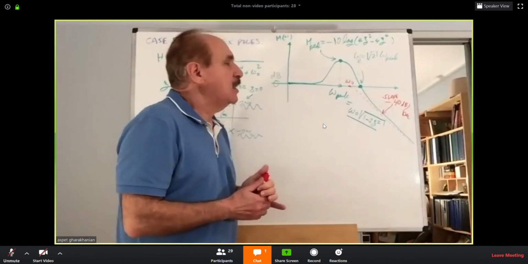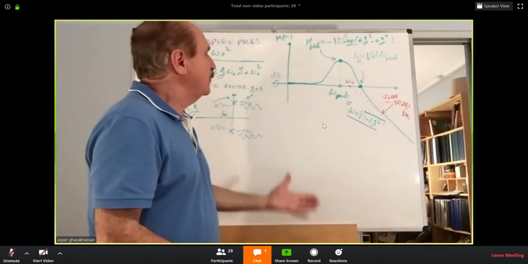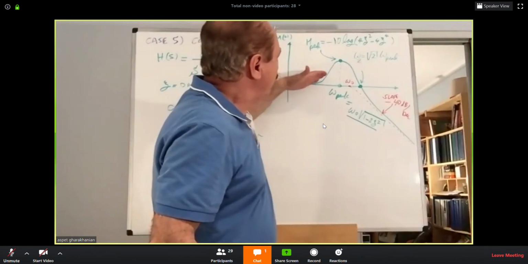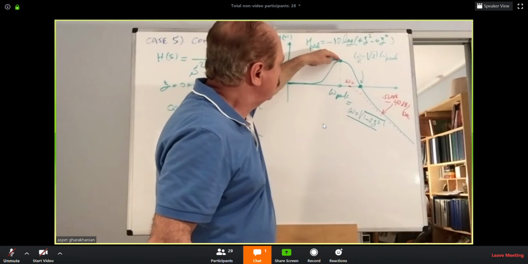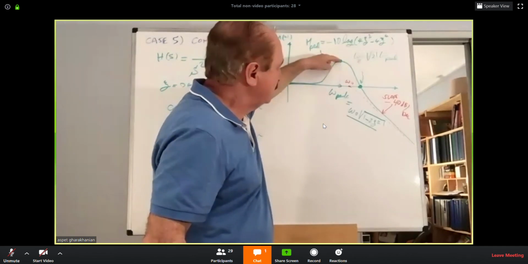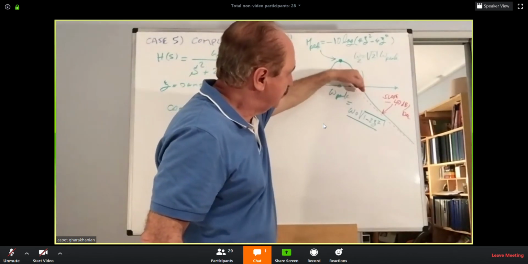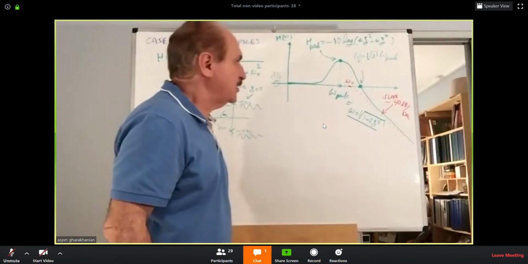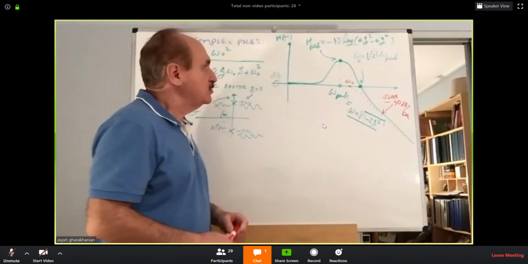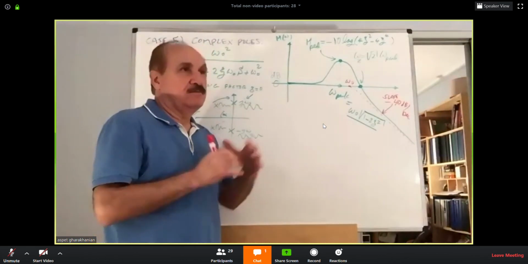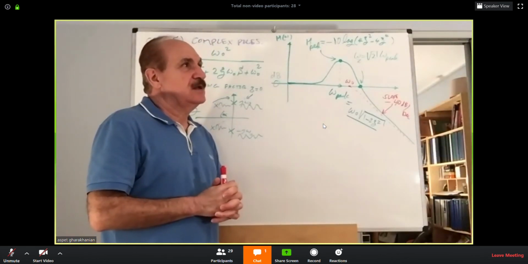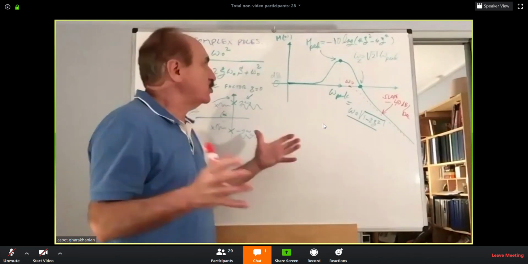Now, how do you sketch the curve? Simply you have to fit it through, asymptotically coming here, rising to that peak point. You have the coordinate here, and you know that it's going to be asymptotic to that line. So this will be the projection of the plot for a complex pole.